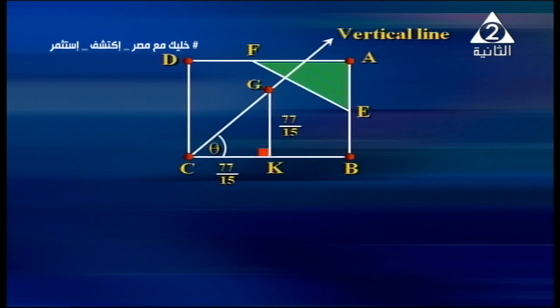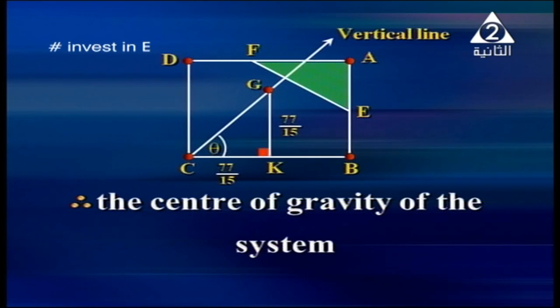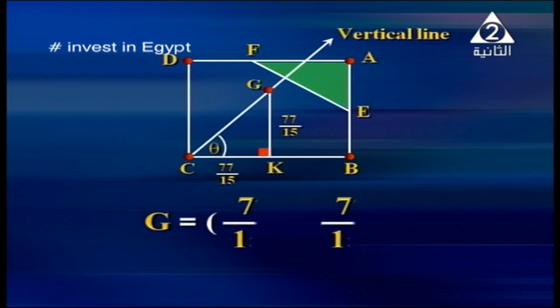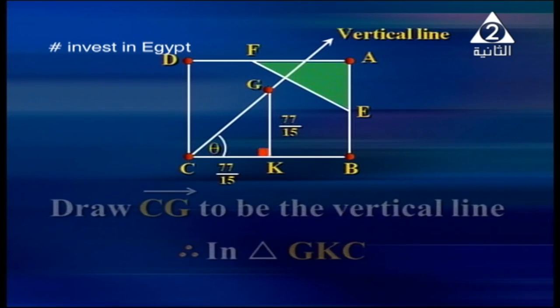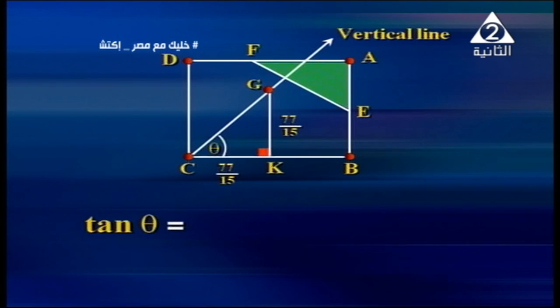Look at the vertical line inclined with CB with angle theta. The center of gravity of the system, with C as origin, equals 77 over 15 and 77 over 15. Then draw CG to be the vertical line. Therefore, in triangle GKC, look at triangle GKC. What is the angle theta? What is tan theta?